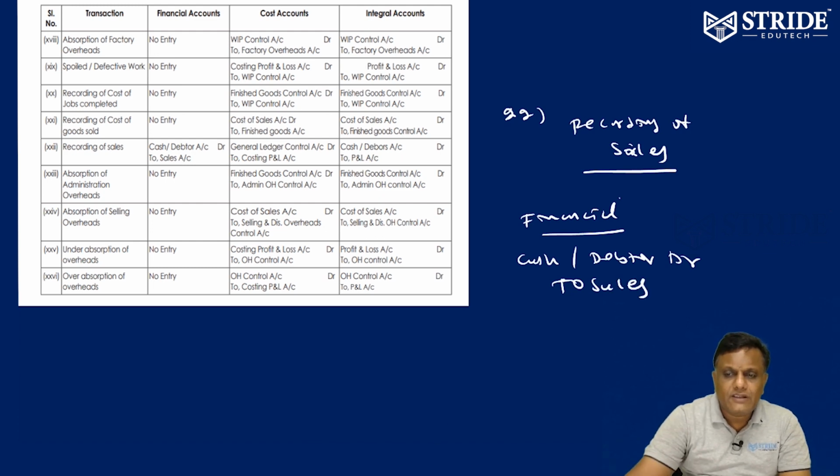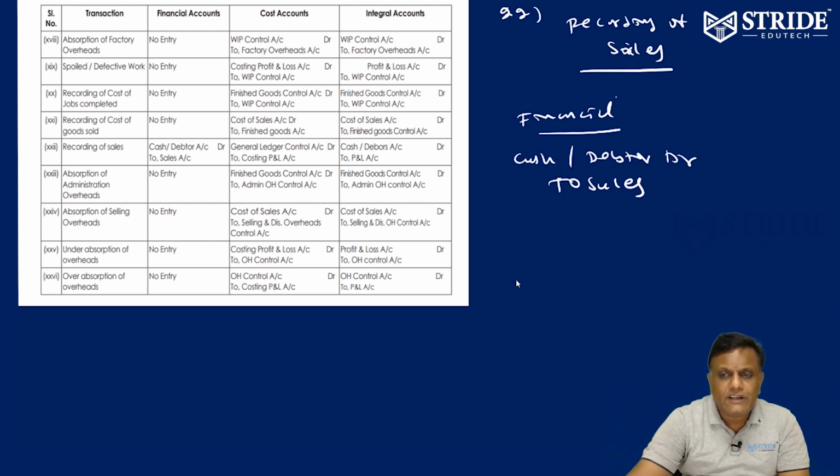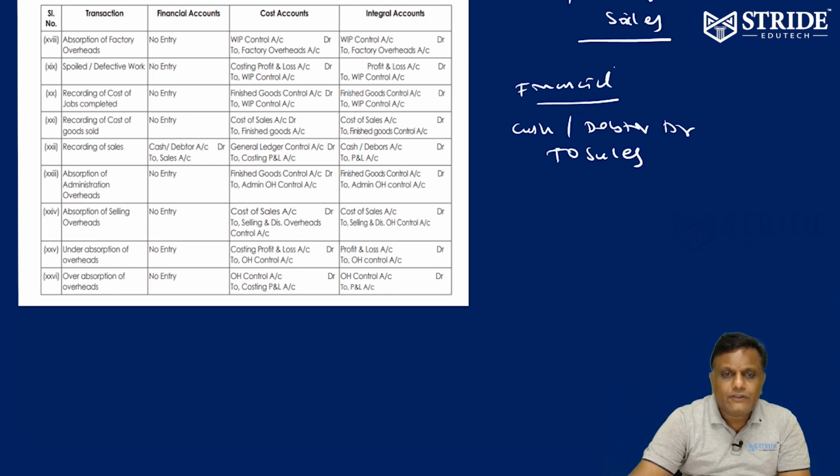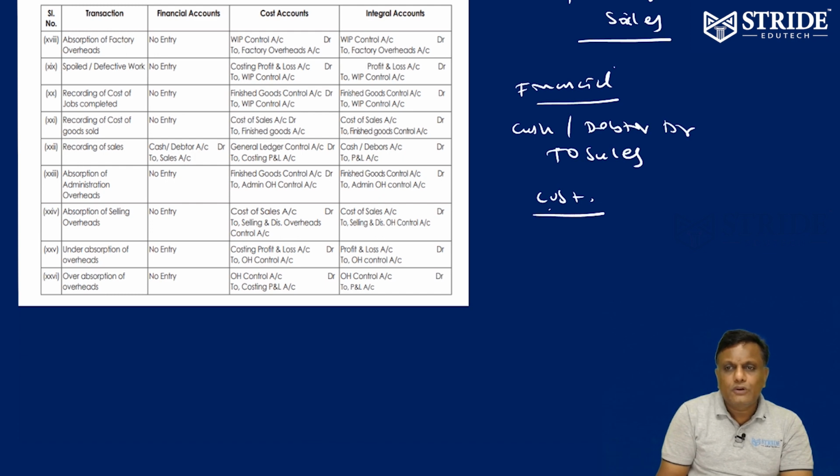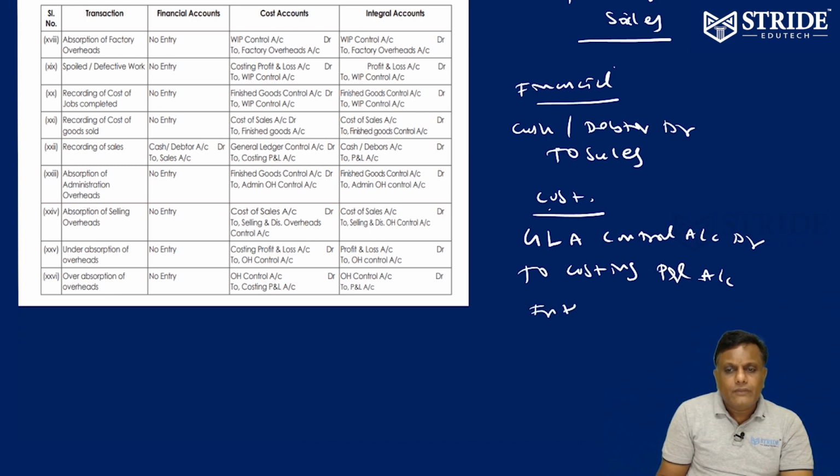In financial books, cash sales or credit sales, cash to sales or debtor to sales. But in cost books, cash and debtor are words not to be used. We have to say general ledger control, GLA control. So GLA control account debit to costing profit and loss account. Next, integral.